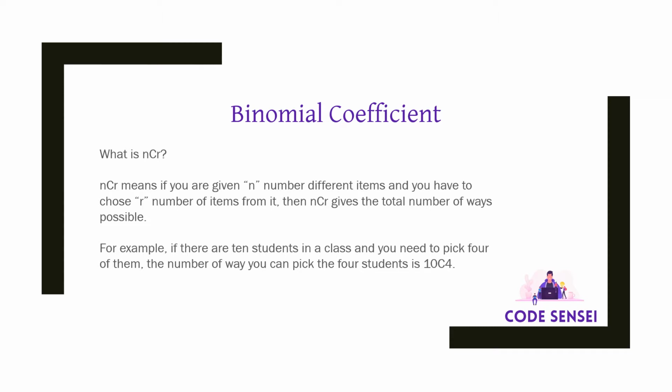For example, if there are 10 students in a class and you need to pick 4 of them, the number of ways you can pick the 4 students is 10C4. So I hope you get what NCR is, and now we are going to see how to calculate an NCR.